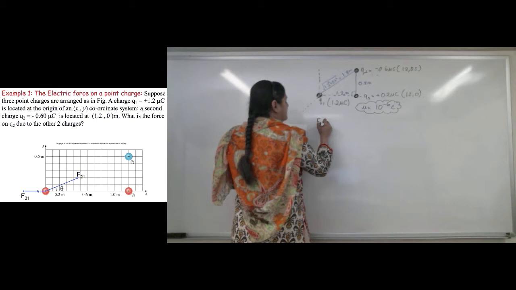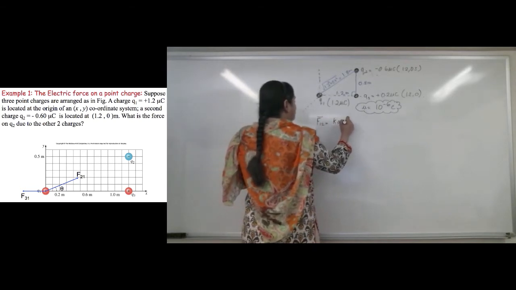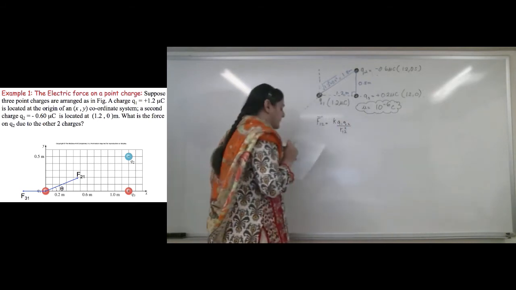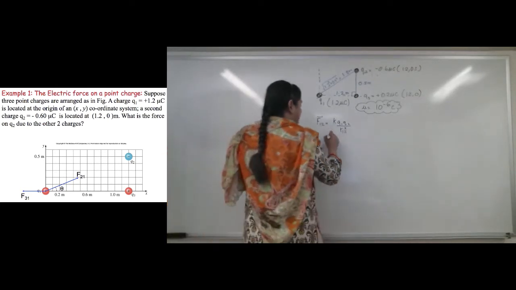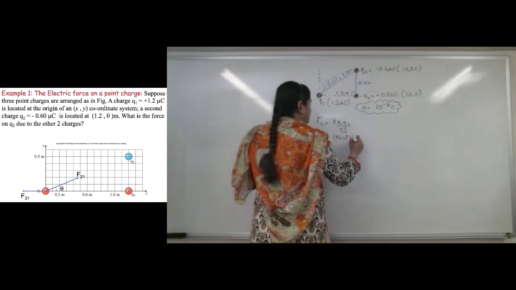F12 will be equal to k Q1 Q2 over R12 squared. What will it be? 9 times 10 to the power 9, not worrying about units right now.